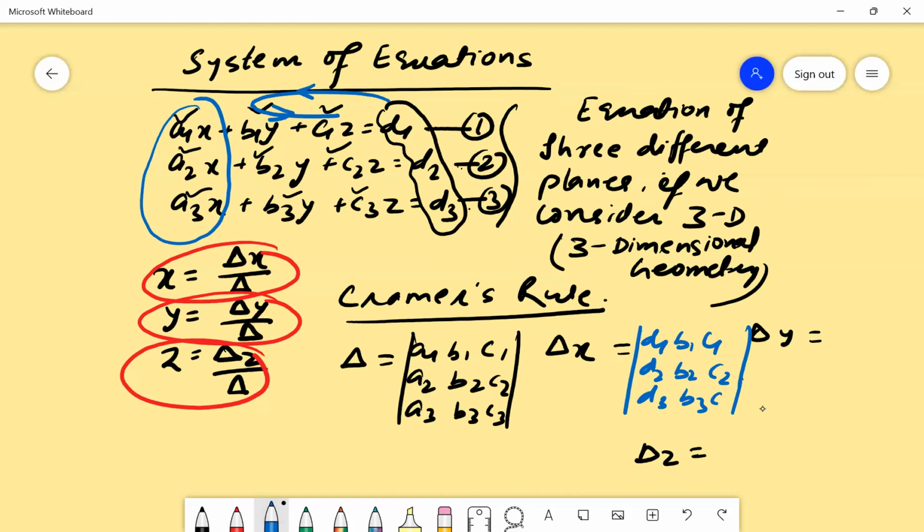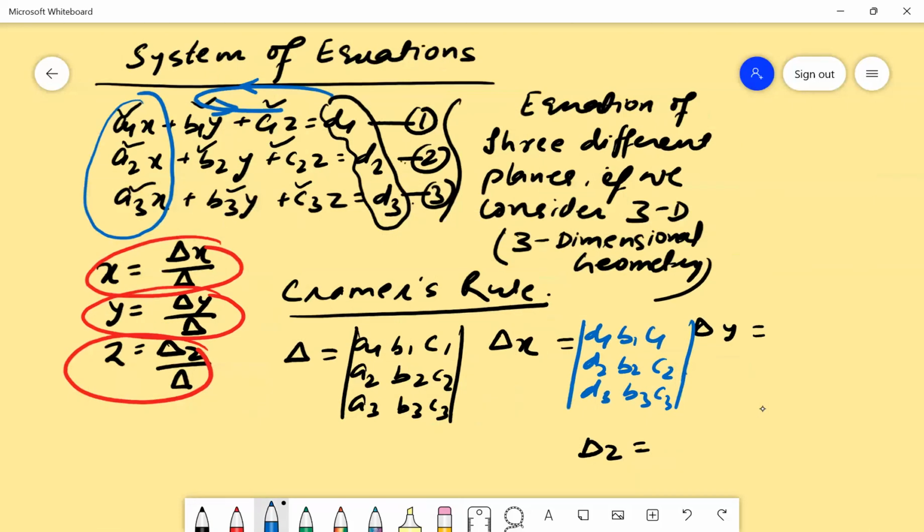Now, what about delta y? For delta y, there is a slight change as this is the middle column and we need to put a minus sign. If you don't want to multiply the determinant with a minus sign, you follow the same order, just not taking the column b1, b2, b3. According to this direction, it should be d1, a1, c1, d2, a2, c2, d3, a3, c3.